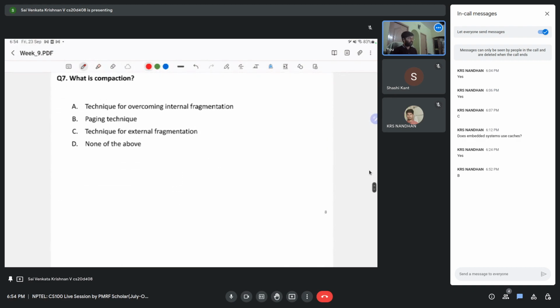What is compaction? Is it a technique for overcoming internal fragmentation, a technique for overcoming external fragmentation, something to do with the paging technique, or none of the above?